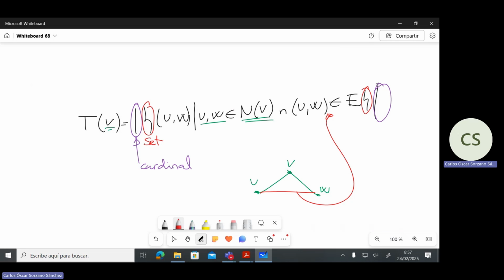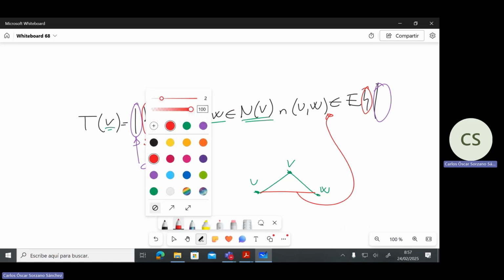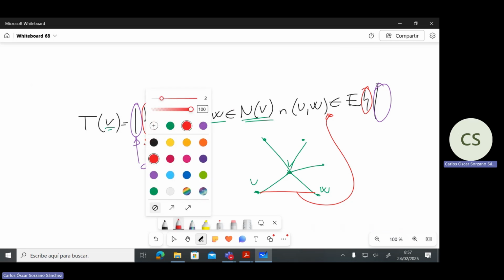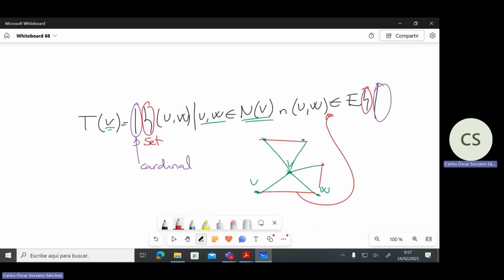Then we are counting. So this node has many other neighbors. It's connected to many other things. And then we are counting how many edges there are between the neighbors. So that is this TV: for the neighbors of V, count how many of them are connected. Okay?